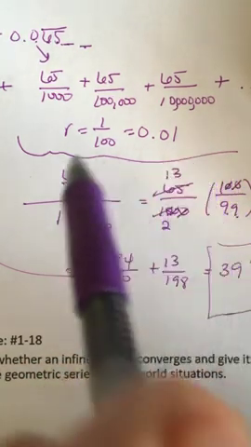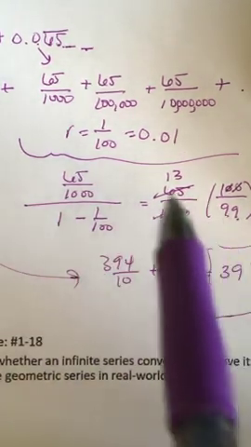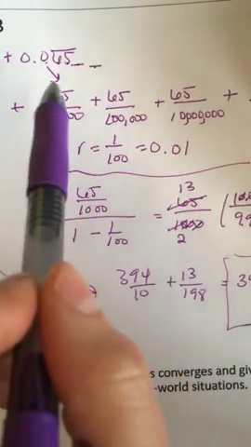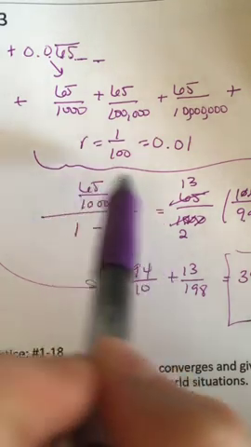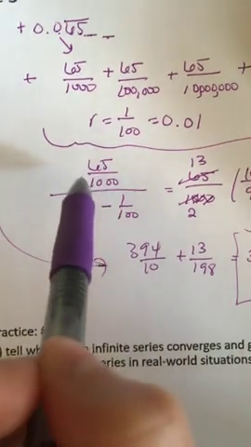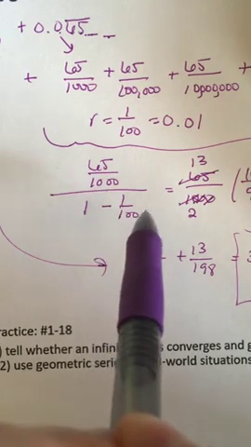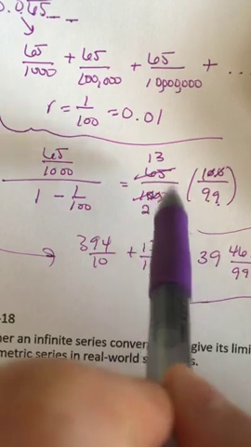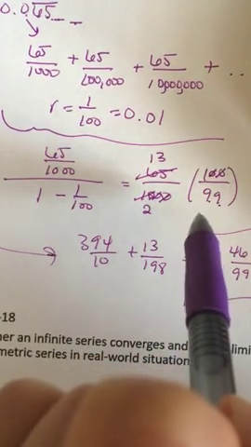If it's geometric and my common ratio is a fraction between -1 and 1, which this is, I know it's going to add up to, eventually, this whole 0.65 will equal this summation. I know it'll equal the first term divided by 1 minus r. This is 99 hundredths, so I can take this numerator down here, multiply by the reciprocal, which is 100 over 99.